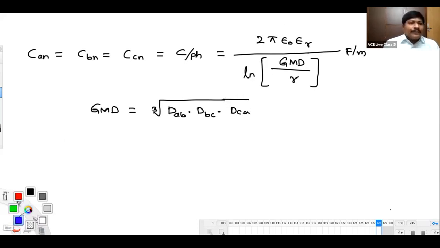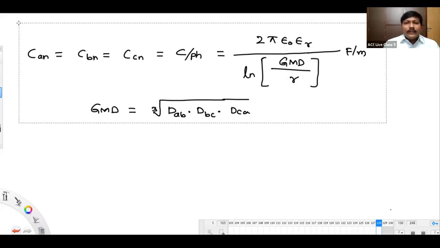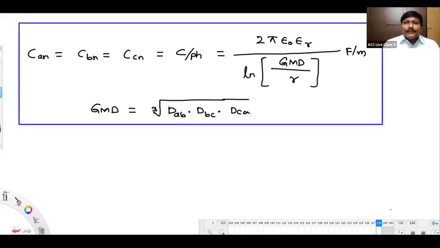Could you please tell me when this whole box is valid? This is valid either for a symmetrical configuration system or an unsymmetrical transposed one.